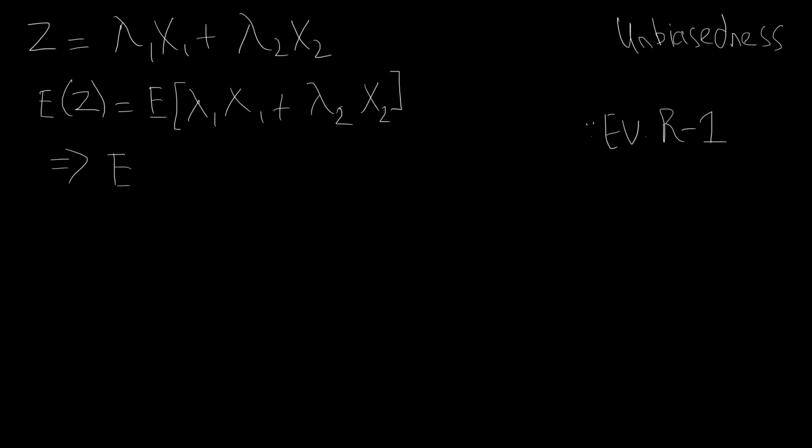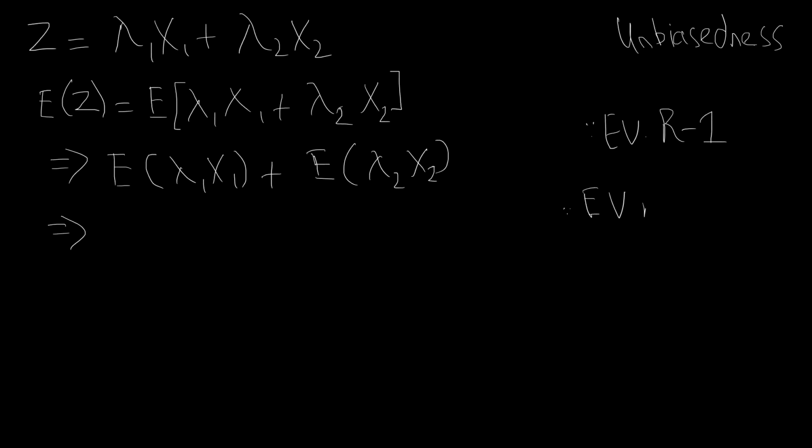So this becomes the expected value of lambda 1 times x1 plus the expected value of lambda 2 times x2. Now using expected value rule number 2, we can take out lambda 1 and lambda 2 as common factors.